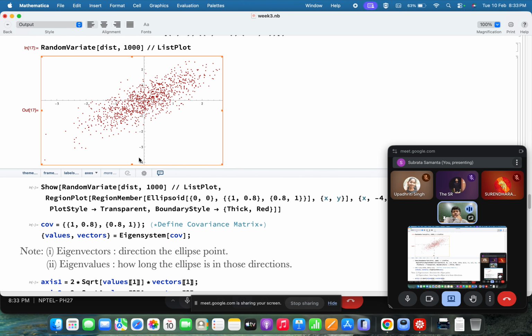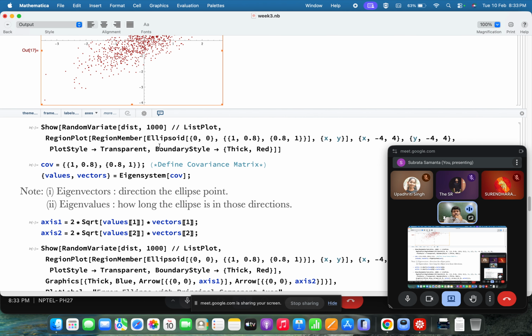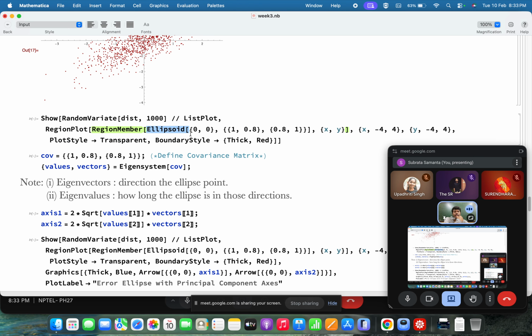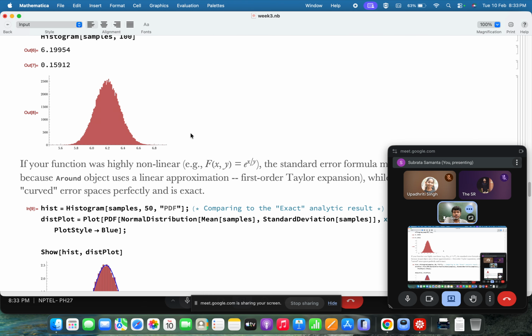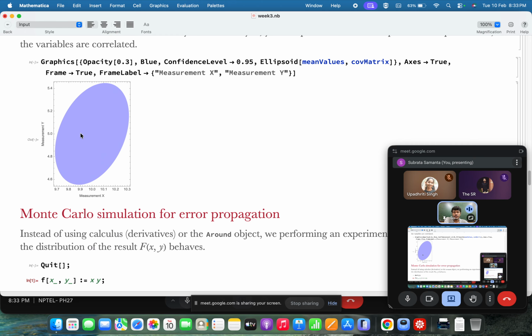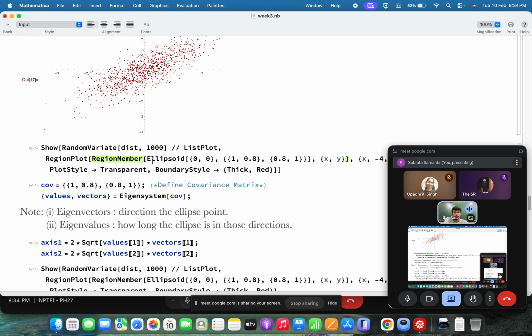So now I calculate the ellipse, as I already discussed. How do you calculate this 95% ellipse? You use the mean values and the covariance matrix. Again I use the ellipsoid function with my mean values 0 0 and the covariance matrix, and I plot these two things in one plot.